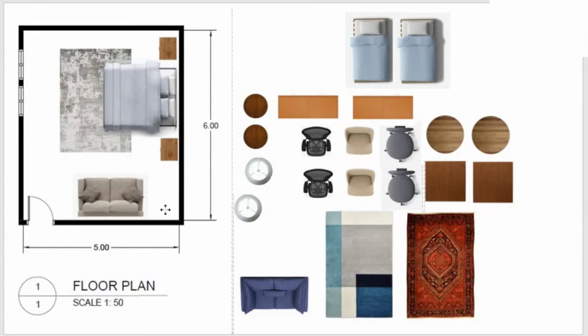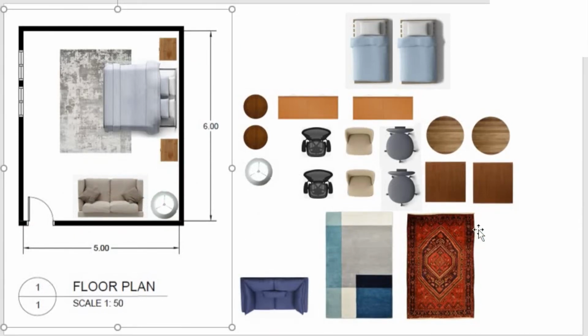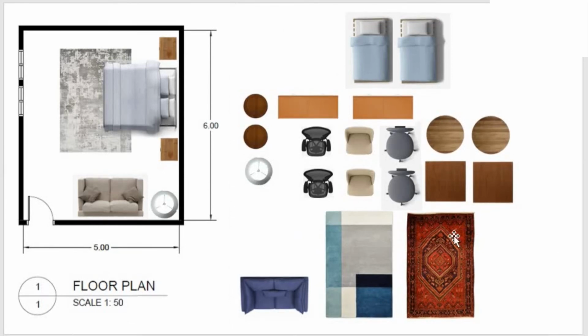Maybe a floor lamp in a corner, and so on. You don't have to use all the furniture pieces that you have here. Again, this will depend on your design. You can also add a coffee table, you can add a wardrobe, you can add a side chair or an office desk, and so on and so on.